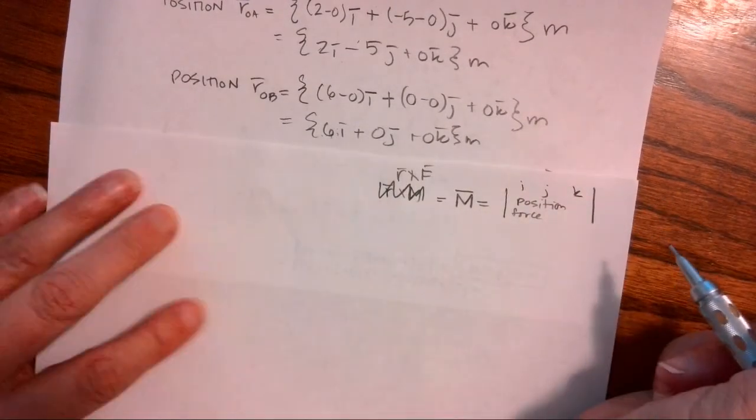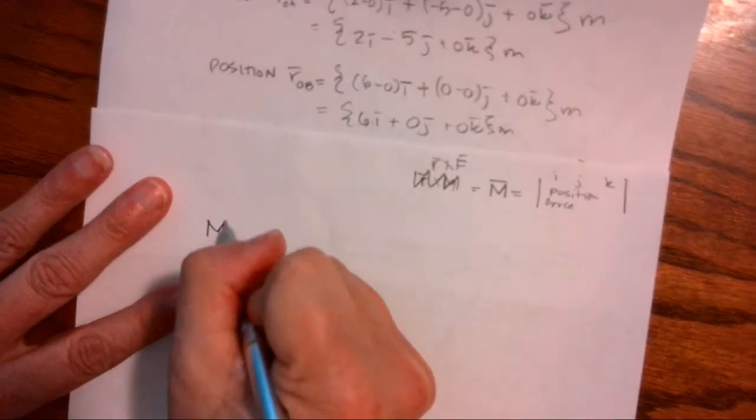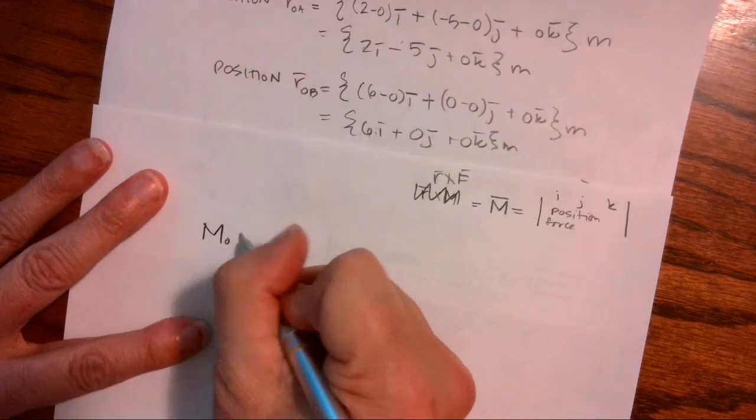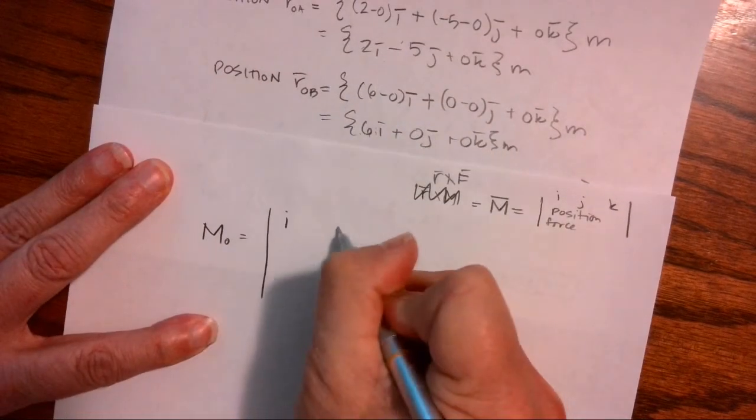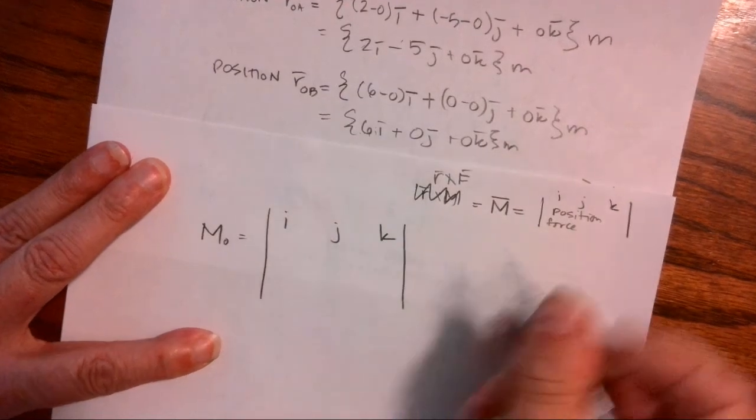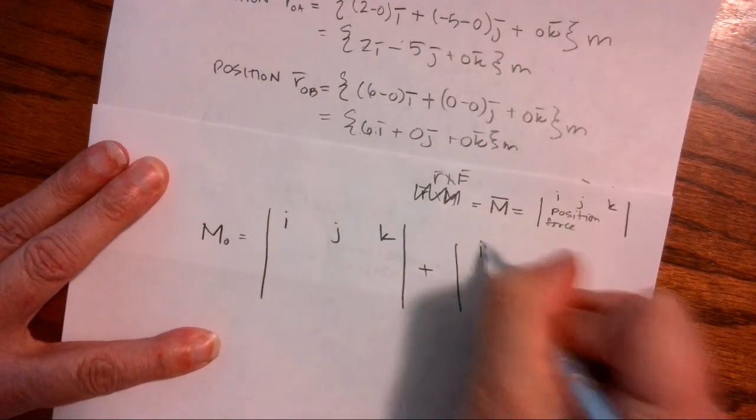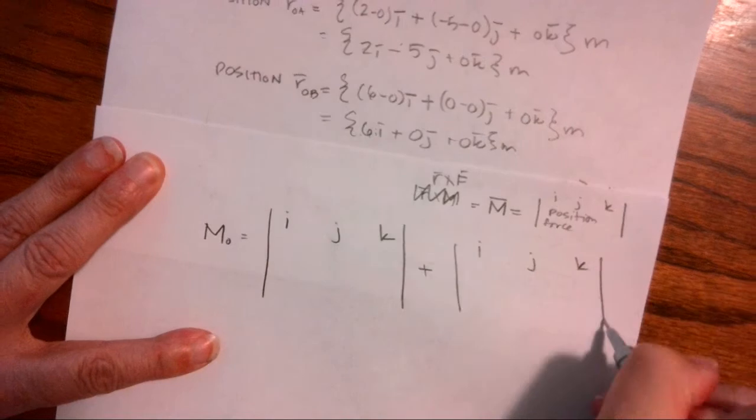So if we're looking at the moment about point O, it is going to equal the i, j, k matrix of vector A plus the i, j, k matrix of vector B.